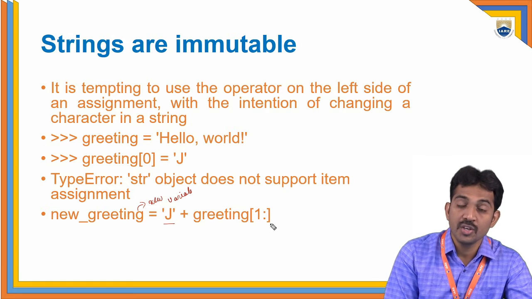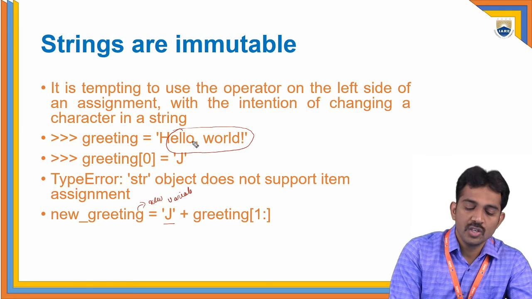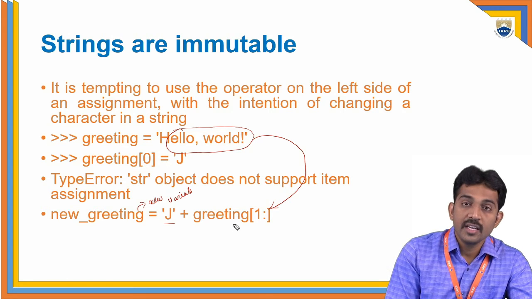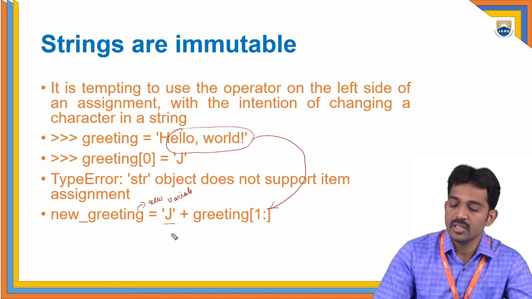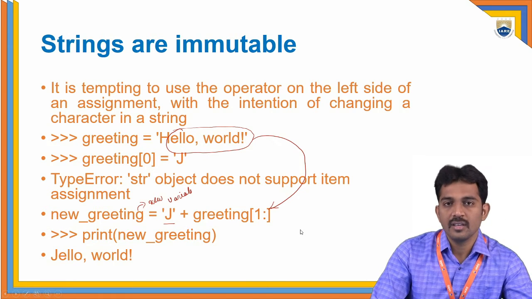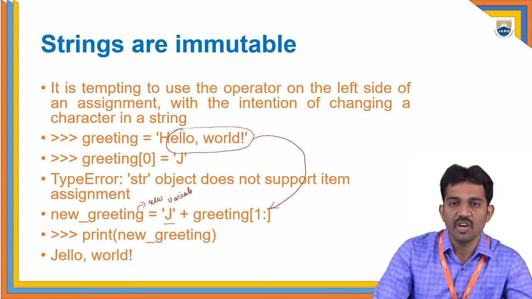Greetings of 1 means, you know very well, I started with the first index, so it is going to slice the string like this, right? So simply it is going to push here. And in front of the string, you are going to add J. If you print new greetings, by default it will print jello world.